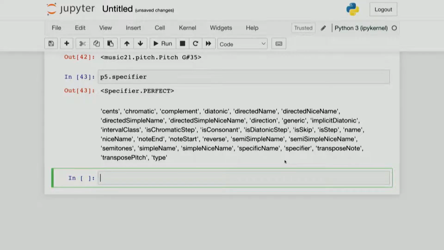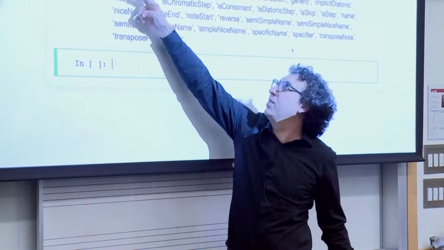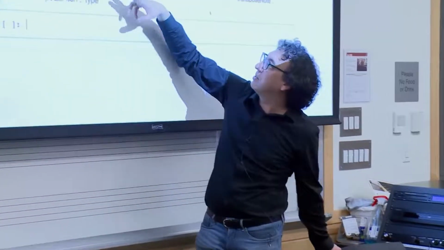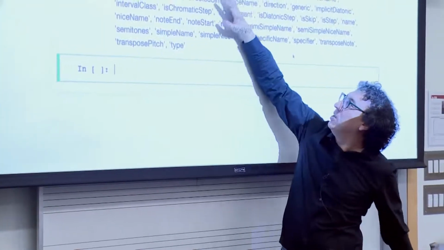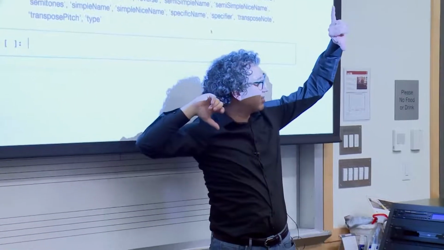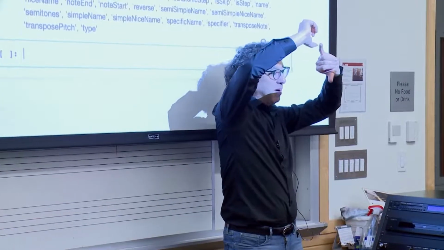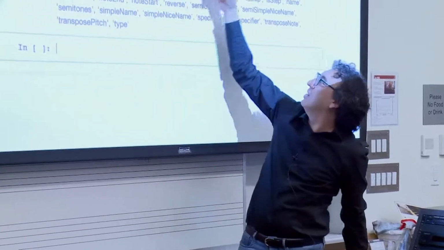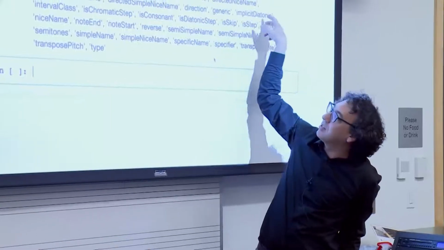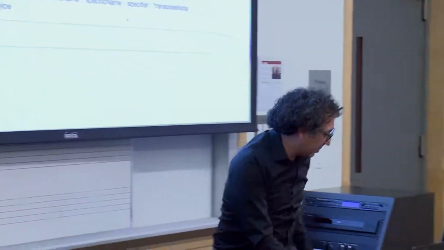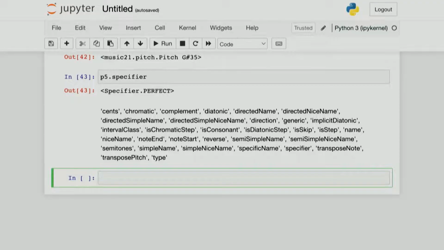So how many cents, how many hundredths of a semitone is it? And yes, you can do microtonal intervals if you care about such things. What's the chromatic interval? What's the complement? If you have a major sixth, the complement is, remember, a minor third. It's the thing that fills out the octave. Diatonic, is it a skip? Is it a step? Can we reverse the interval? All these things. So you'll find some of these things in here.